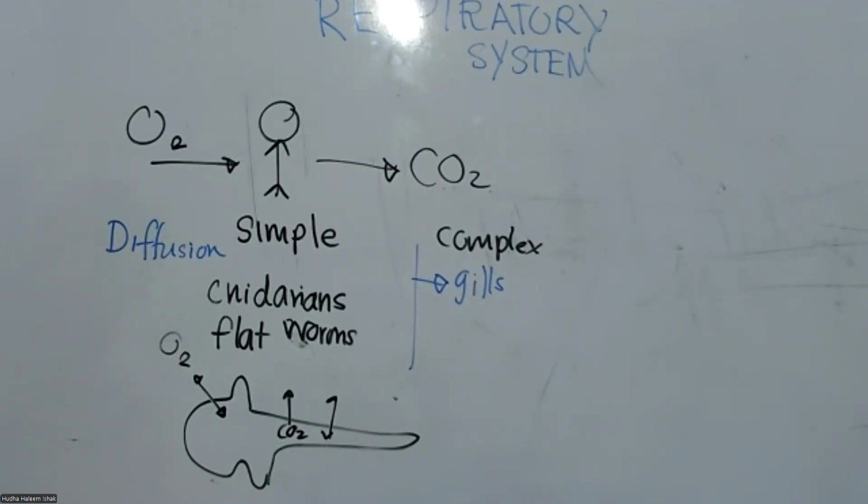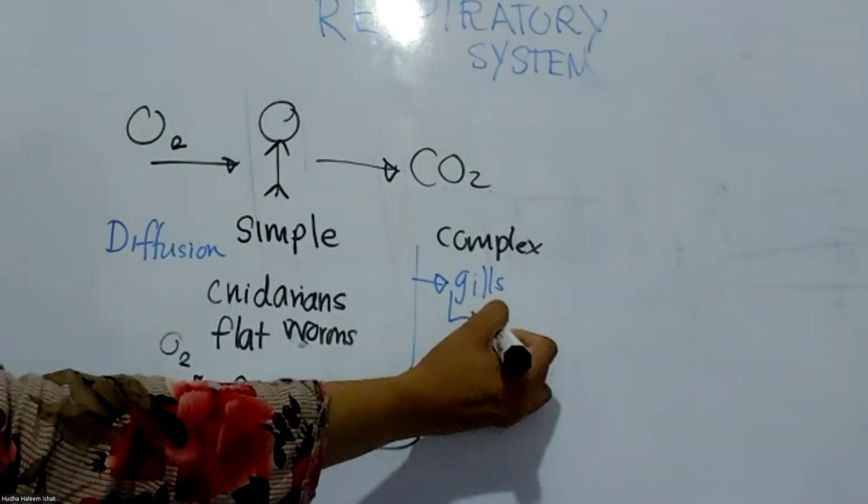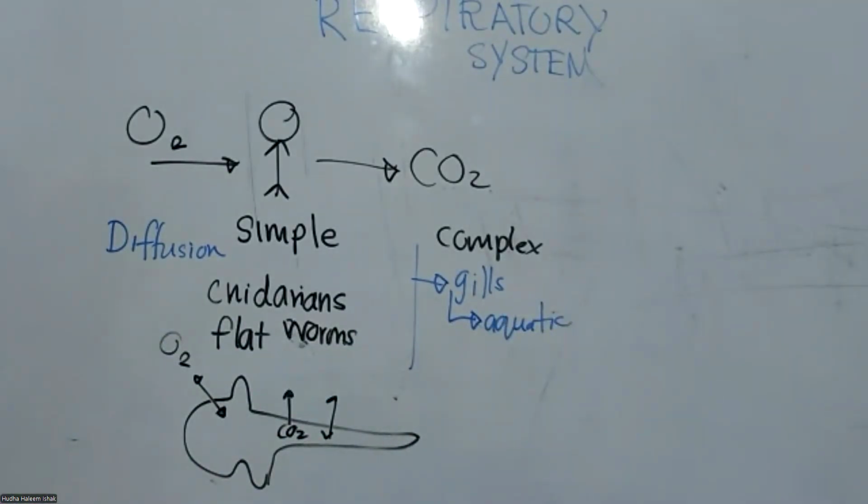And also mollusks. So these animals are aquatic animals. Gills are present in aquatic animals. You would have studied this in grade 11 again.